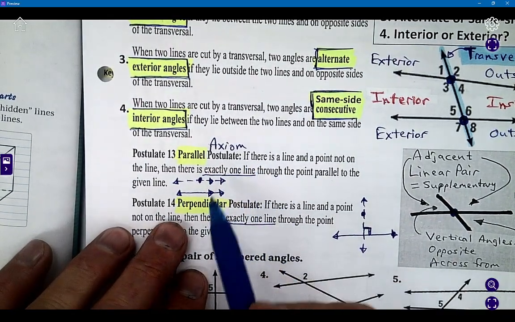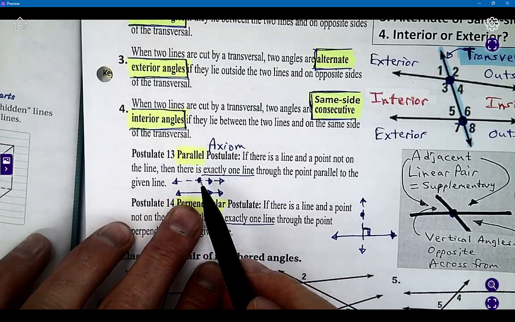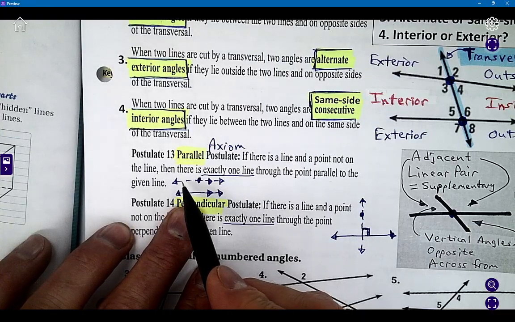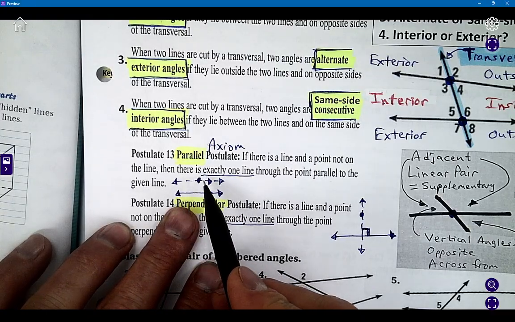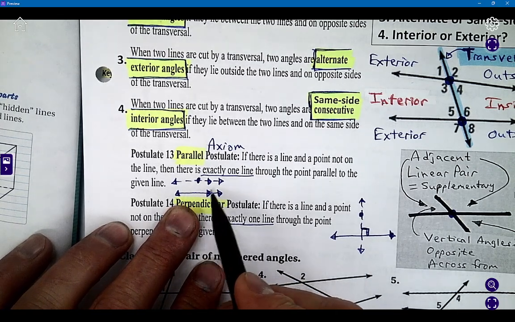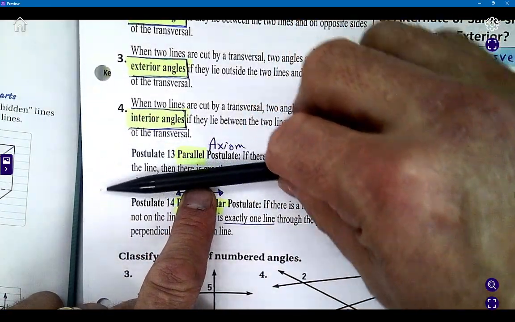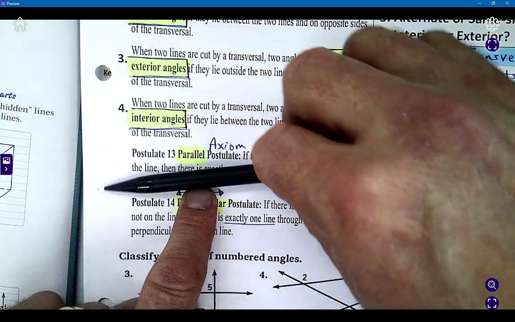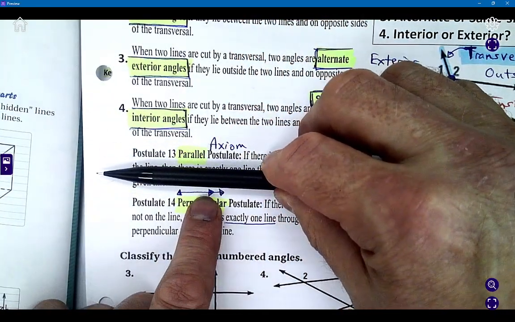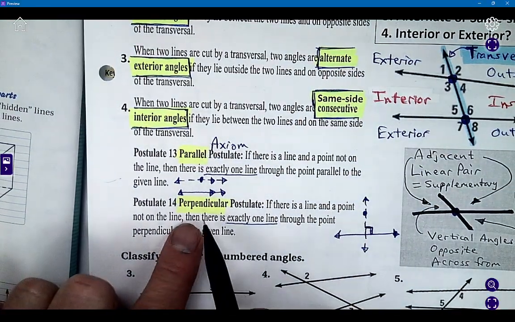And what they're saying here is that if we have a line and a point, then there's only one line that can go through that particular point and still be parallel to the given line. So here's our point, and there's only one line that can go through that point and still be parallel to that one particular line.